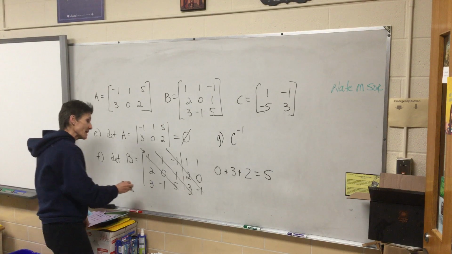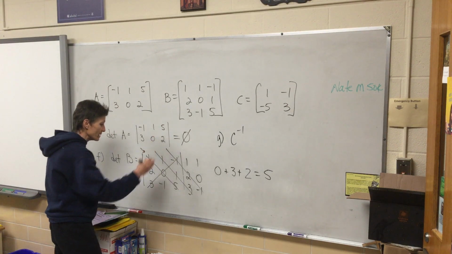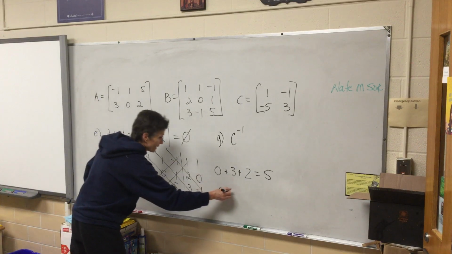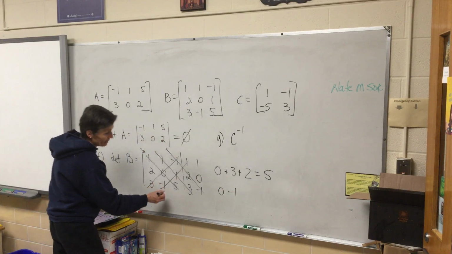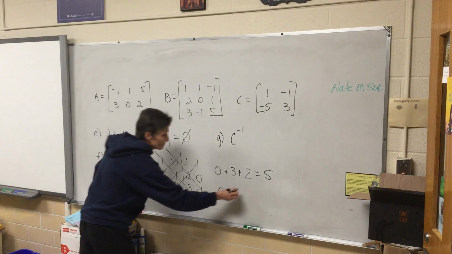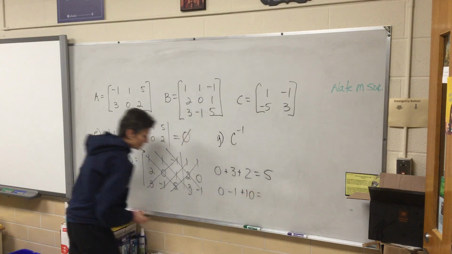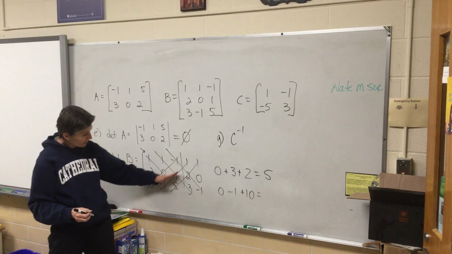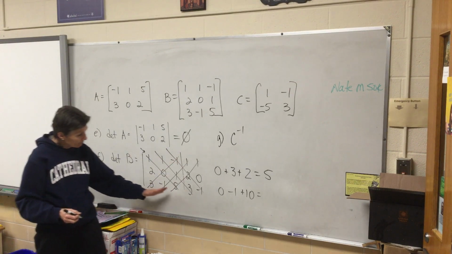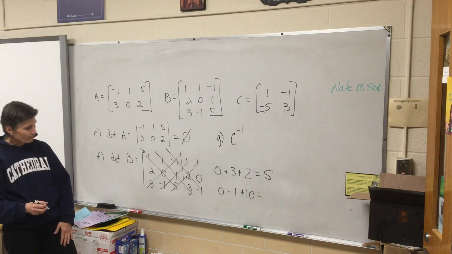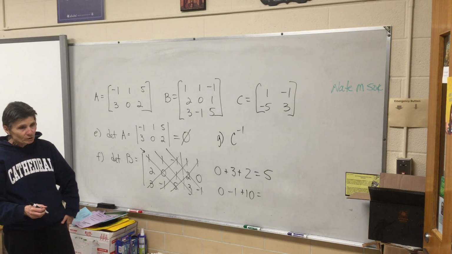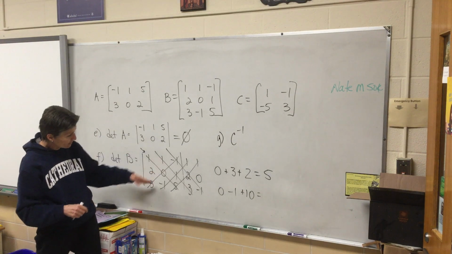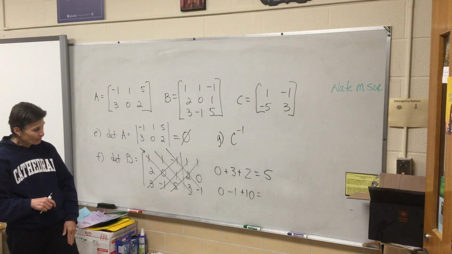Now I got to do it from the other direction. So here it's a 0. Here it's a -1. And here it's a 10. So multiply these, and multiply those. Remember, when you multiply by 0, you just get 0. So any diagonal here that's got a 0 in it is just going to be 0.